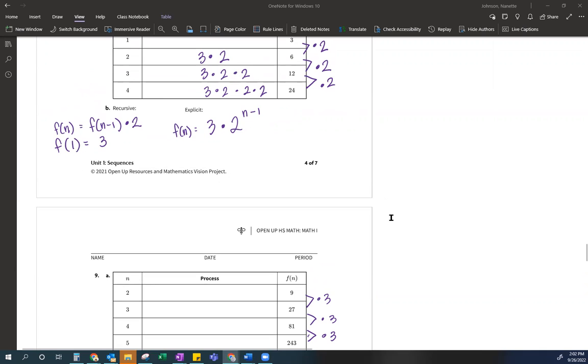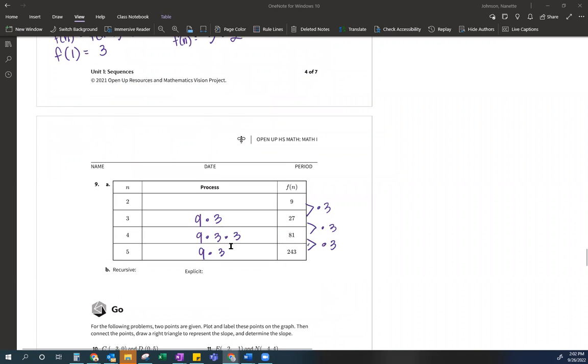So here I'm going to write this one down as 9 times 3. And I'm going to write this one as 9 times 3 times 3. And then again, 9 times 3 times 3 times 3, right? Here. So then you can kind of see my explicit formula already forming. So it's 9 times 3 to the n minus 1.